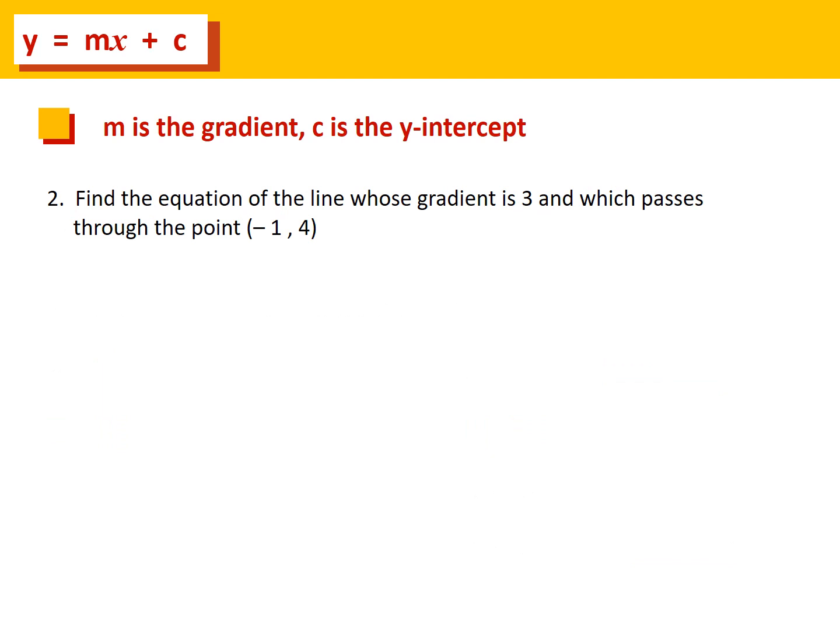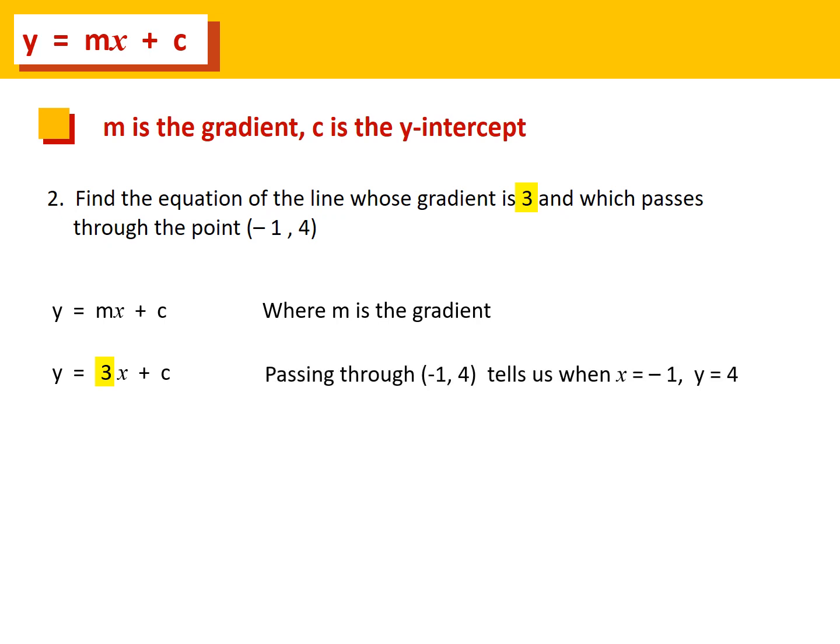Let's look at a second example, picking out the key information. First of all, we need the gradient, and that tells us that the gradient is 3. So the equation of our line must be y equals 3x, and then the constant that we're going to find. And we're going to use the fact that it passes through the point (-1, 4).